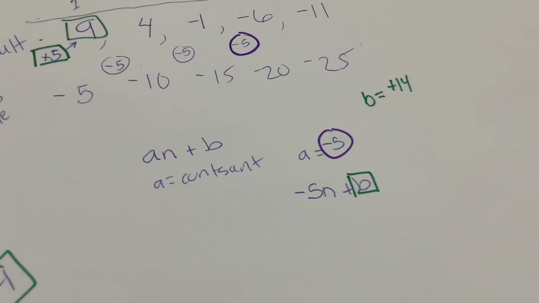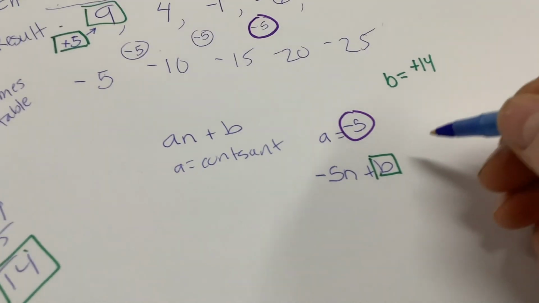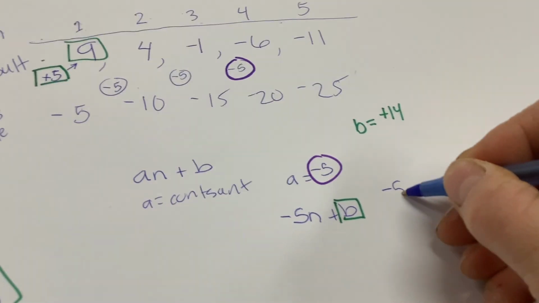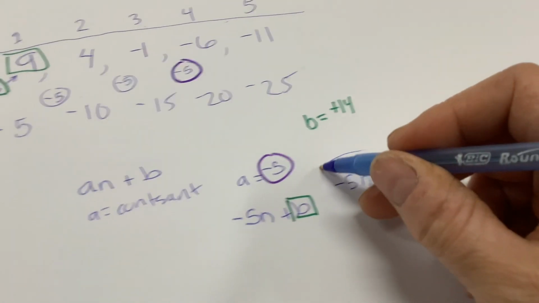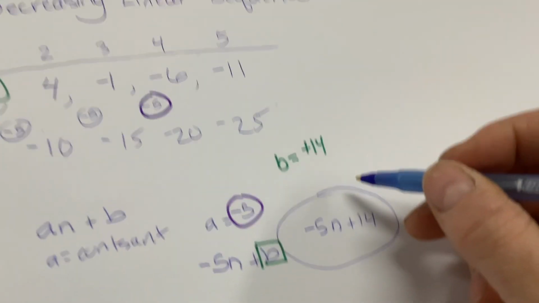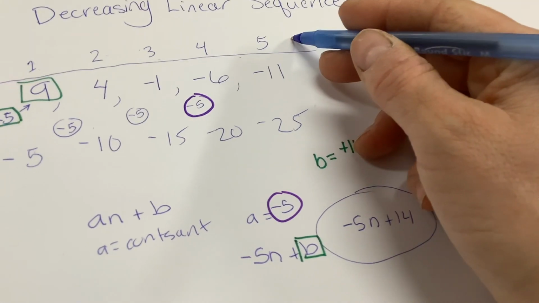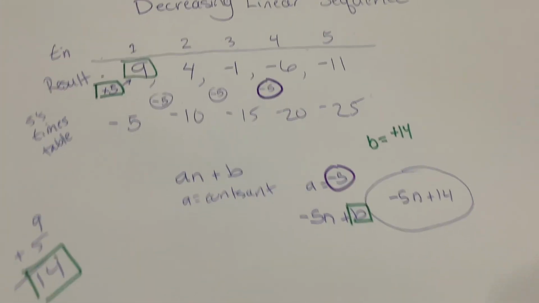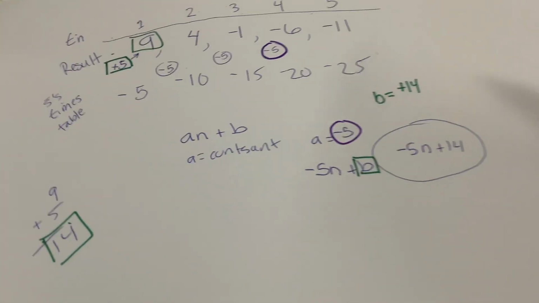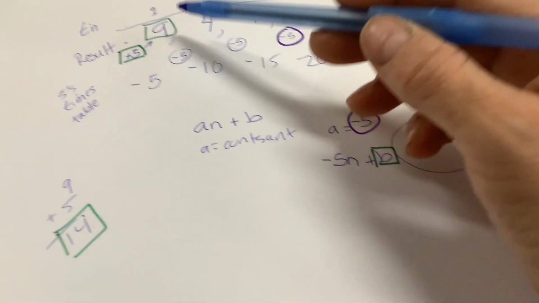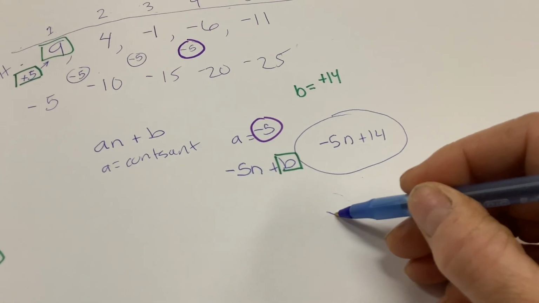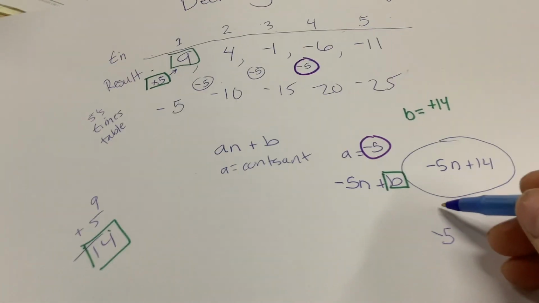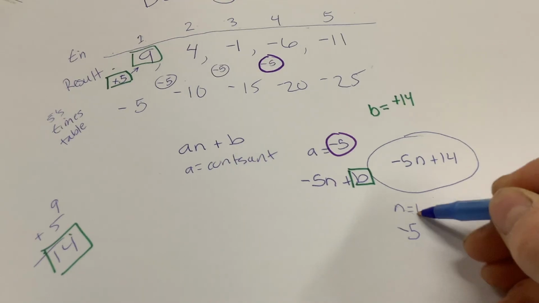So now all we're going to do is rewrite our expression with what we have. That's negative 5n plus 14. Now we want to check to make sure it works. We're going to try to get our 9 by using the expression we came up with. So that means negative 5n when n equals 1.